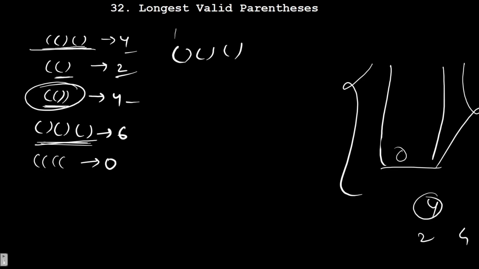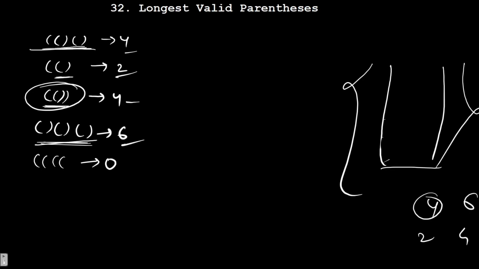Again, we are at index 1, pop out, index 2, push, index 3, pop out, index 4, push, index 5, pop out. Now we can see that all the indexes have been popped out and our stack is empty. In that case, we can say that all the parenthesis were valid. So we'll be returning in this case 6.